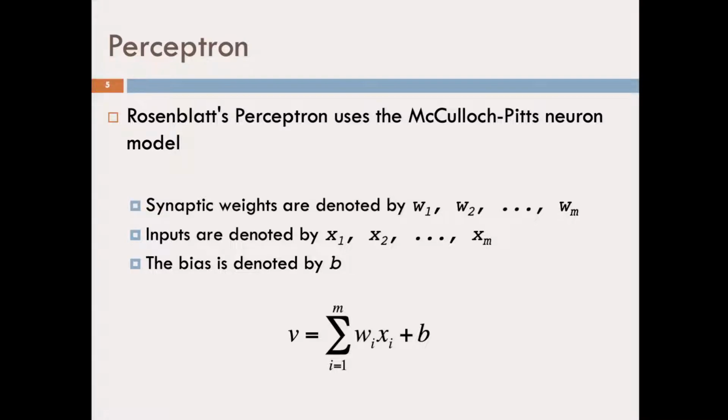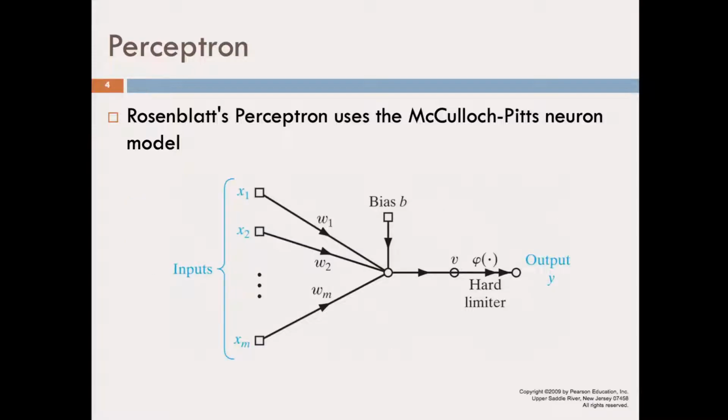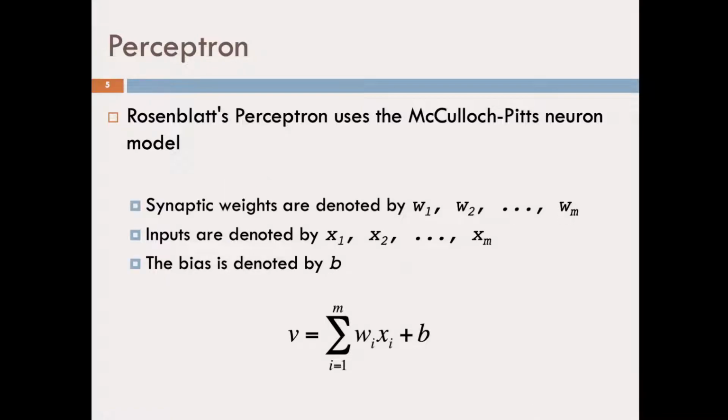So the Rosenblatt perceptron uses this model for the artificial neuron. For the neuron, we have synaptic weights that are denoted by W1, W2, Wn.